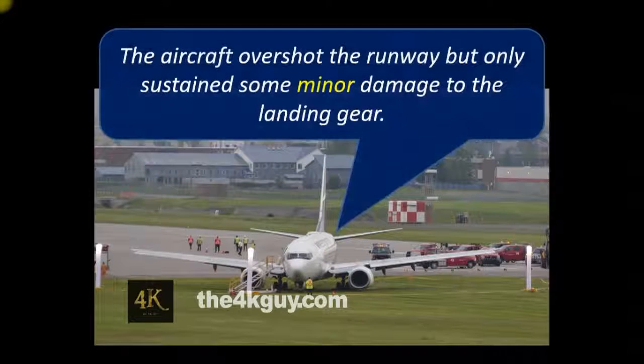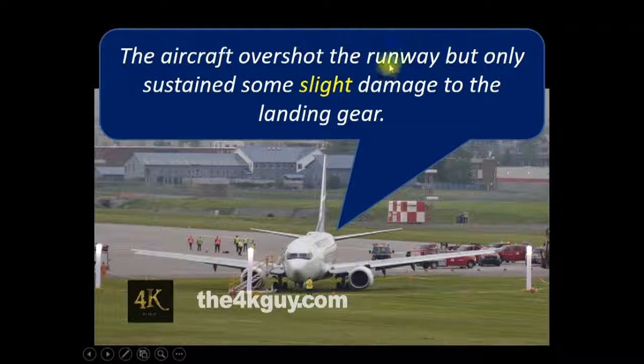Now we can also look at some adjectives. In this picture, the aircraft overshot the runway, but only sustained some minor damage to the landing gear. So we see here minor damage, which means not serious. So we see the plane, probably very little damage was done to the aircraft. So we can say minor damage. We could also say slight damage. Same idea.